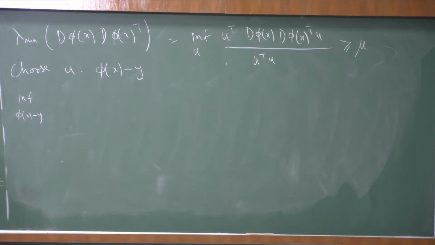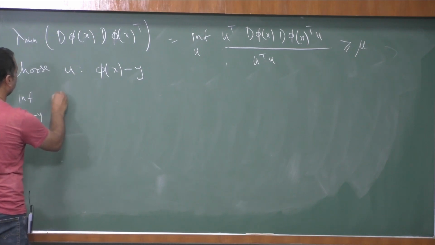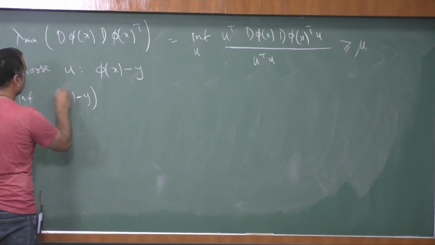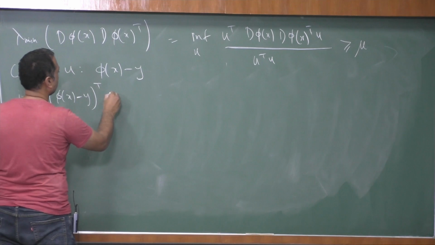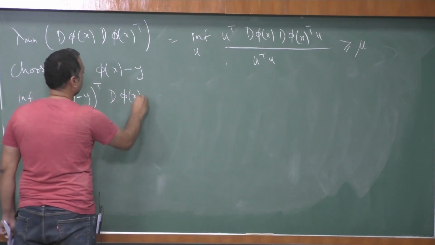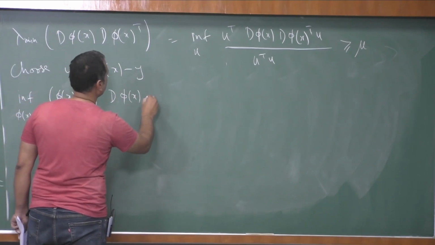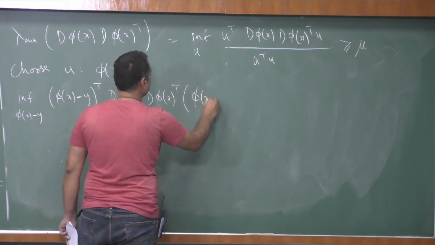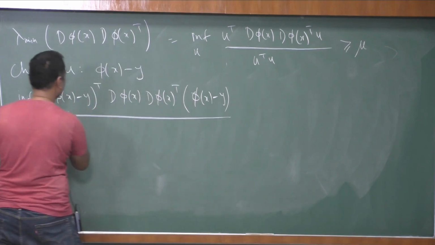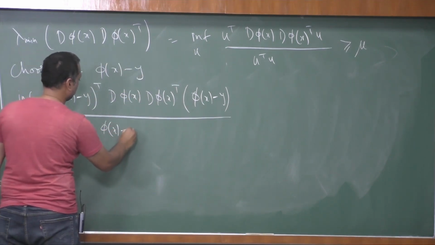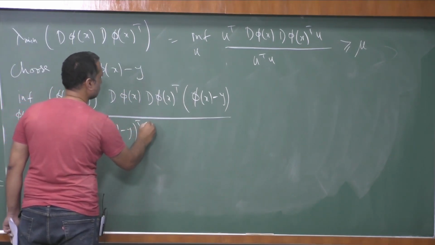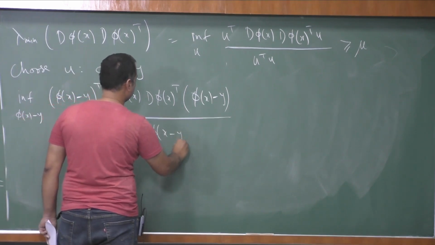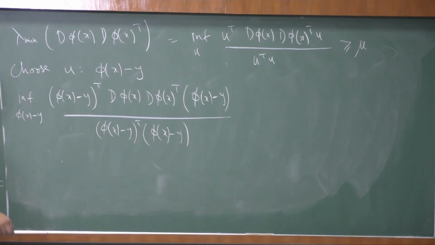So this is phi x minus y transpose d phi x transpose phi x minus y by phi x minus y transpose phi x minus y. And this guy should be greater than or equal to mu.